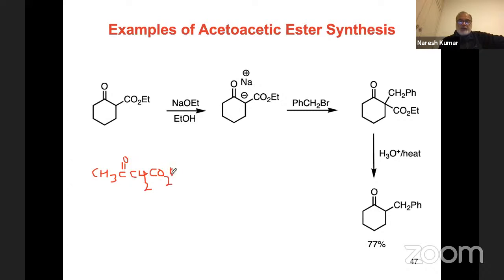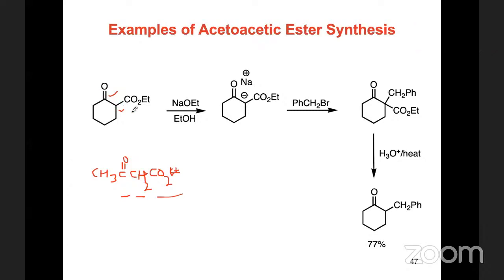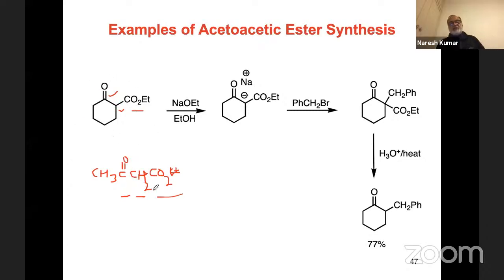So the key was that there is a CO, there is a CH2, and there's an ester. That was in an open chain form. You can have that instead as CH and an ester in a cyclic form. So this keto and the ester group doesn't have to be in an open chain form. It can be in a cyclic form as well.